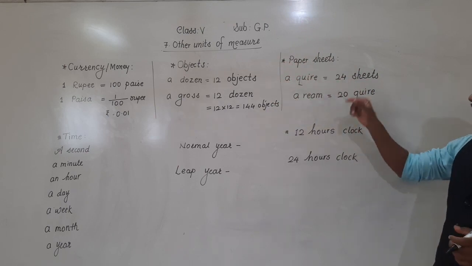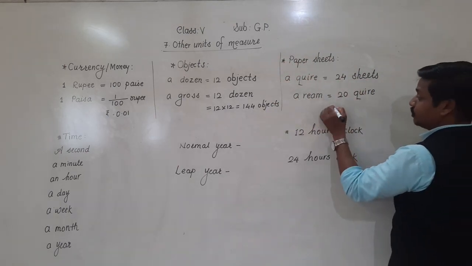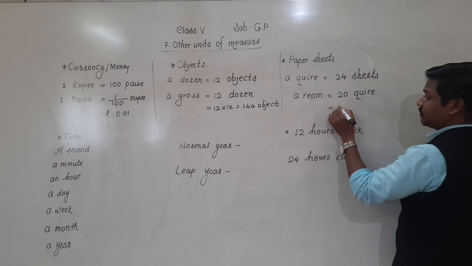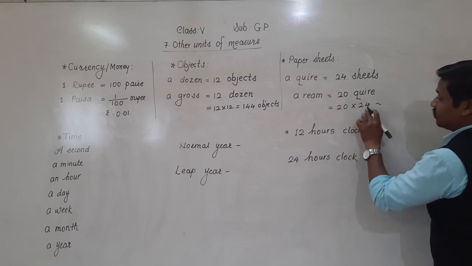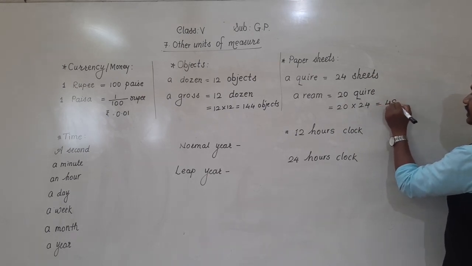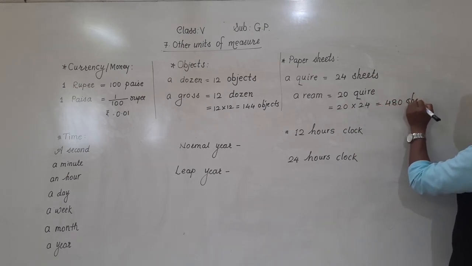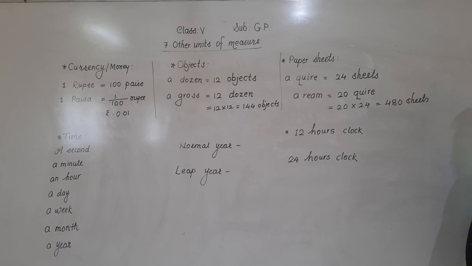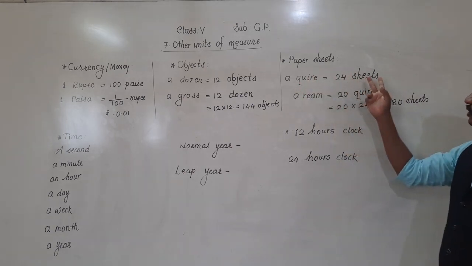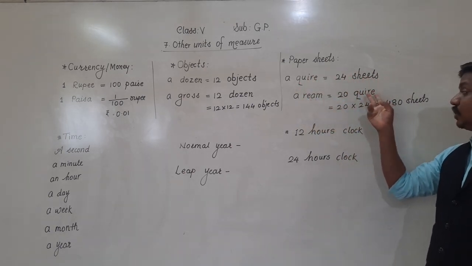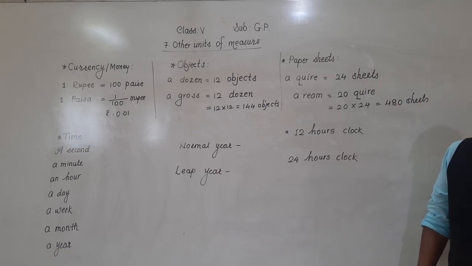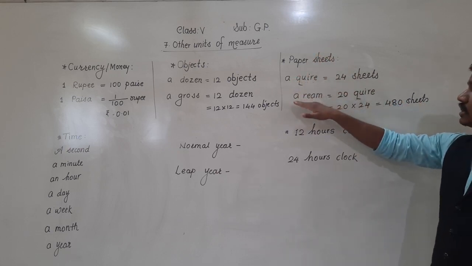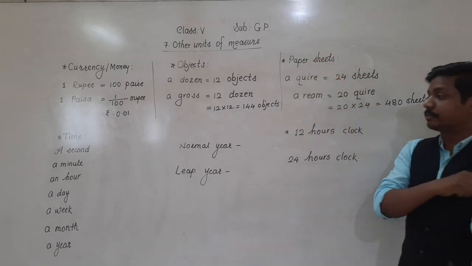Now 20 quire means how many sheets? 20 into 24. 24 twos are 48, so 480 sheets of paper. A quire means 24 sheets. A ring means 20 quire or 480 sheets.